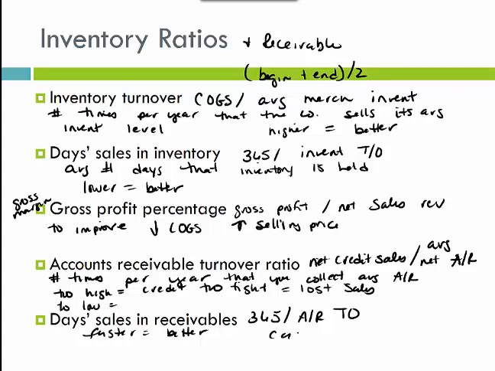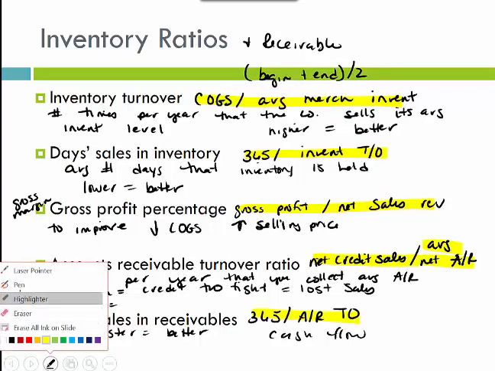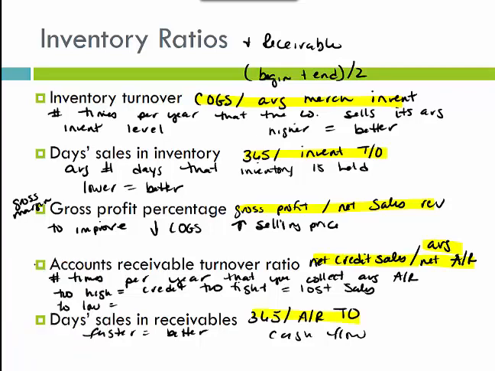It's better for my overall cash flow, and I have that money to do other things with. So those, let's see here, 1, 2, 3. Those are our 5 ratios related to inventory and receivables.